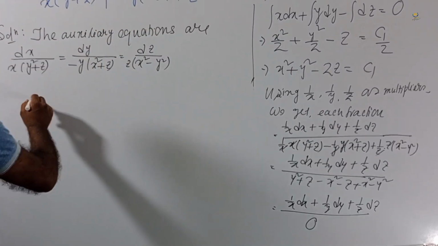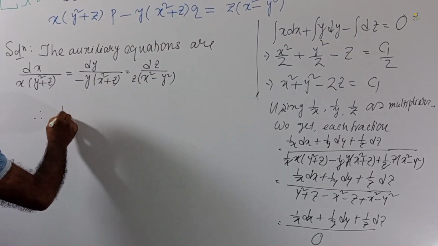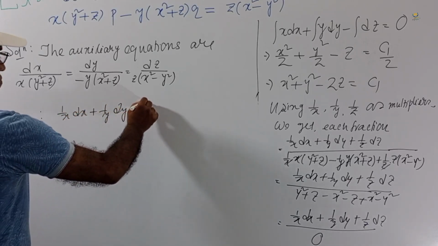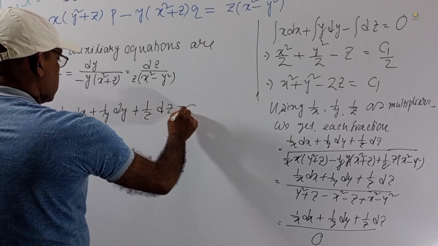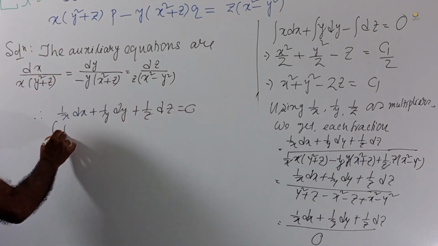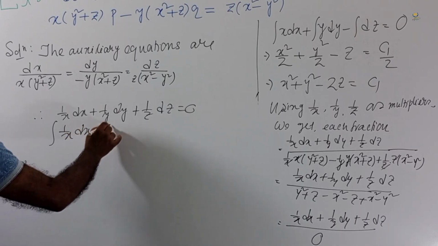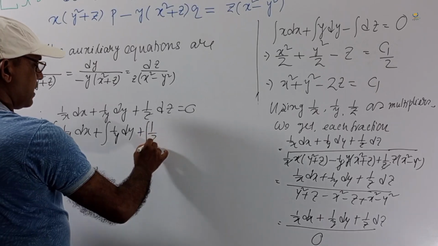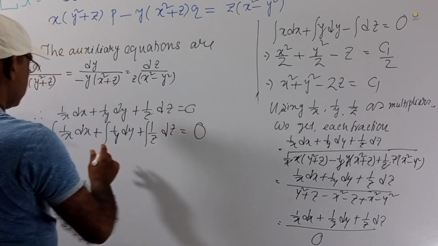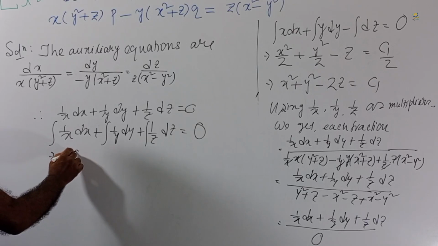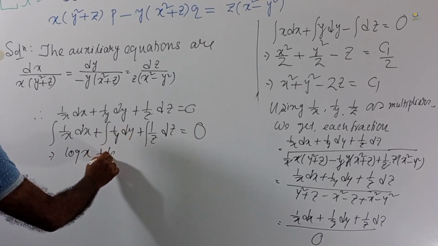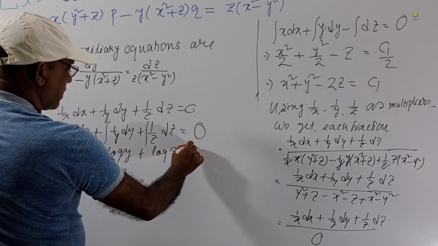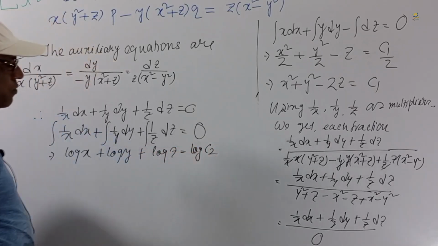Therefore, if denominator is 0, we can write 1 by x dx plus 1 by y dy plus 1 by z dz equal to 0. Now integrating both sides, we get dx by x means log x, dy by y means log y, dz by z means log z, equal to, we consider log c2.